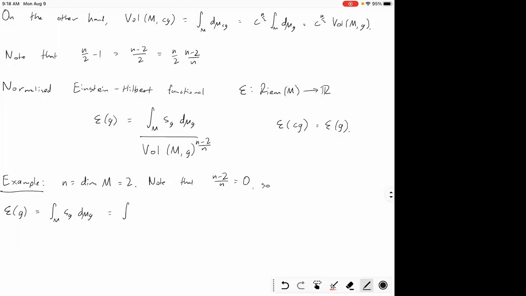Now what I want to note is that on a surface, the scalar curvature is twice the Gaussian curvature. So we have 2 times the integral of the Gaussian curvature. But by Gauss-Bonnet, the integral of the Gaussian curvature is 2 pi times the Euler characteristic.